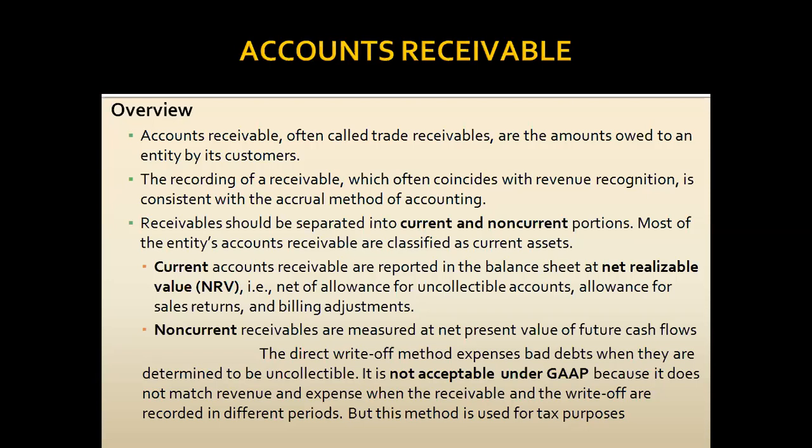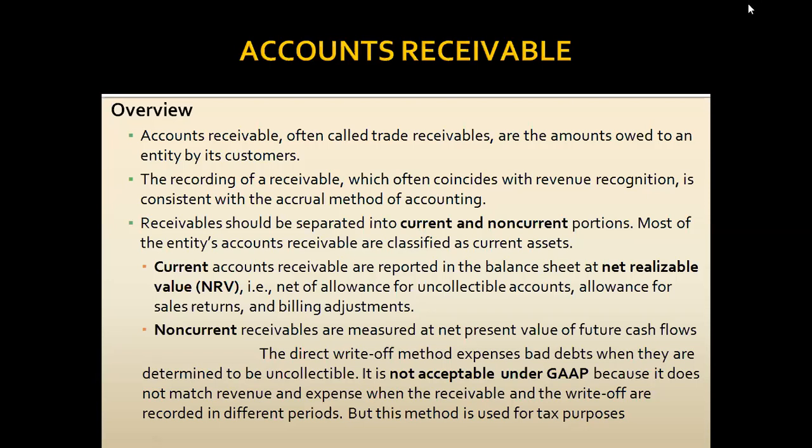So how do we report in the books? Current receivables we report at net realizable value, and at a later stage we will learn how to calculate the net realizable value of accounts receivable.